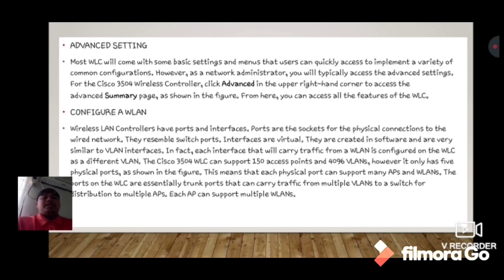The Cisco 3504 WLC can support 150 access points and 4096 VLANs. However, it only has 5 physical ports. This means that each physical port can support many APs and WLANs. The ports on the WLC are essentially trunk ports that carry traffic for multiple VLANs to a switch port for distribution to multiple APs. Each AP can support multiple WLANs.